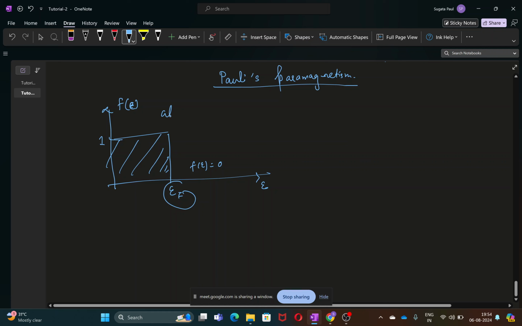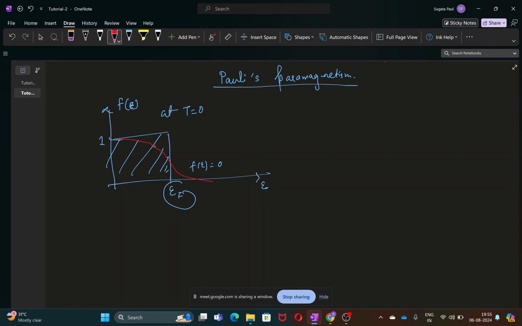This is for the ideal case, at zero temperature, where there are no temperature smearing effects. But obviously, at a finite temperature in actual samples, this smears out to give a curve like this, where it is not totally 1 below EF but decreases slightly, and even above EF the states are not completely empty; there is some finite electron occupancy.